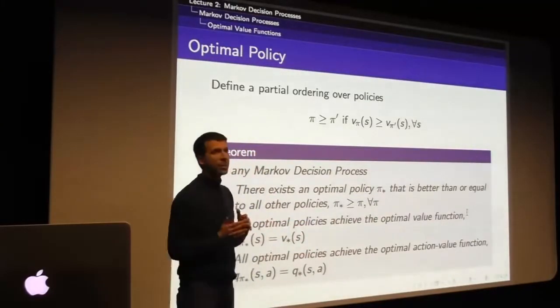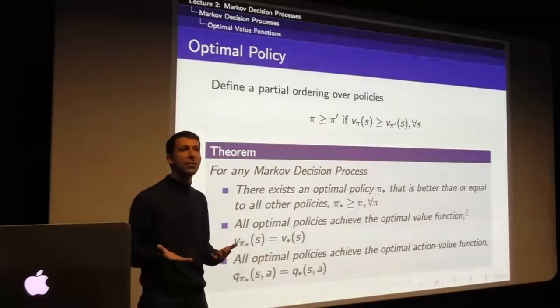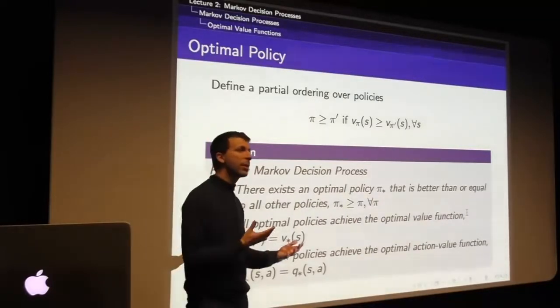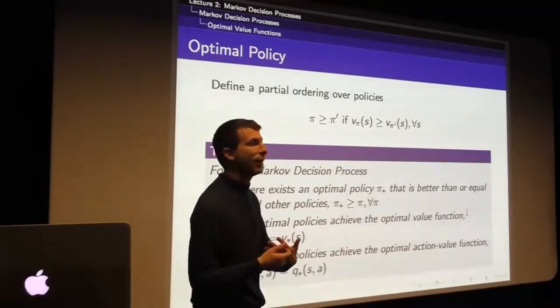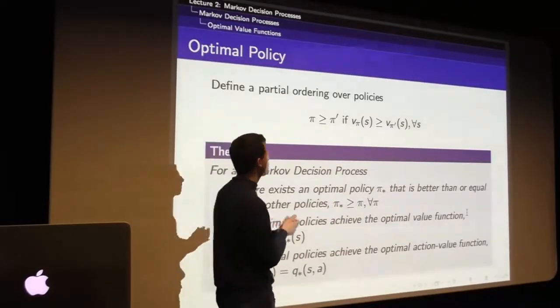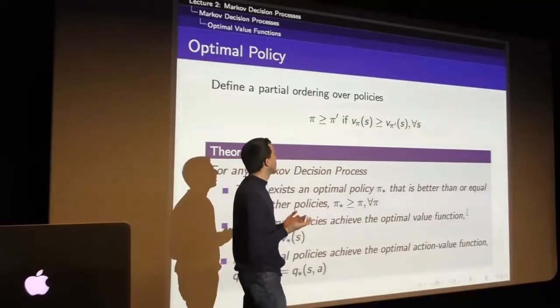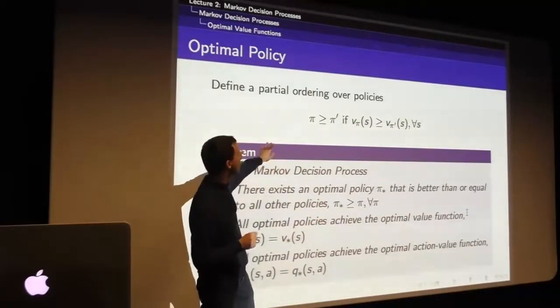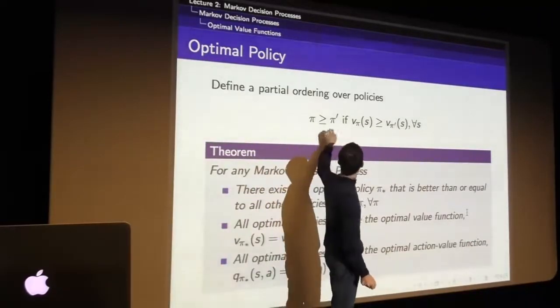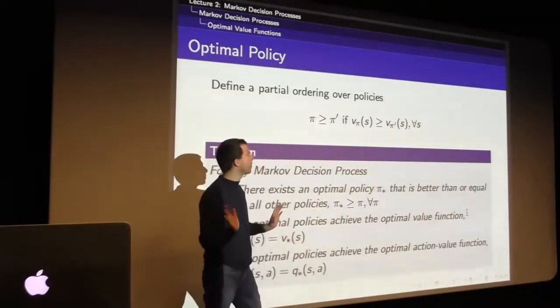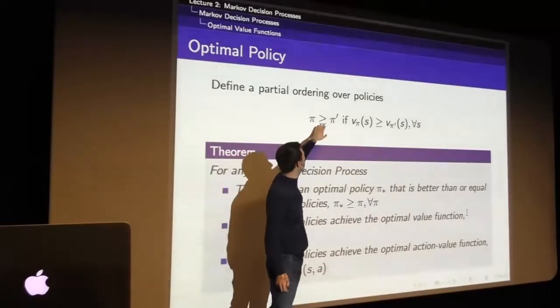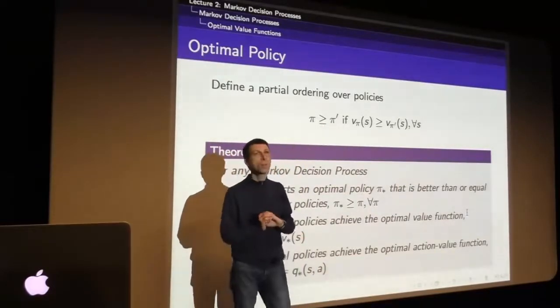And so to understand what it means to be optimal, we need to define a notion of optimality. And to do that, we need to know what it means for one policy to be better than another policy. And so what we do is we define a partial ordering over policies. So this partial ordering basically tells us, let's consider two policies, pi and pi prime. These are two arbitrary policies. And we're just going to define this greater than or equal to operator.